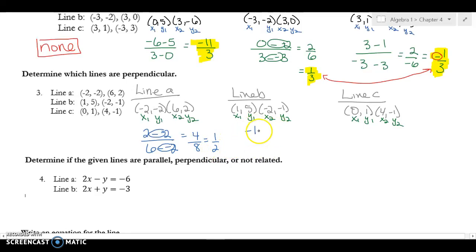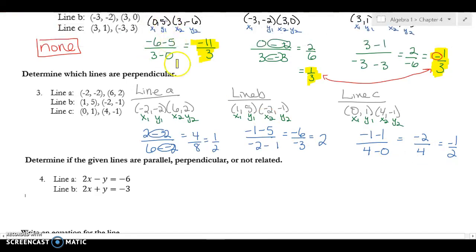Then I'm going to do -1 minus 5 over -2 minus 1. That's -6 over -3, which becomes +2. And then -1 minus 1 over 4 minus 0. That's -2 over 4, which is -1/2.